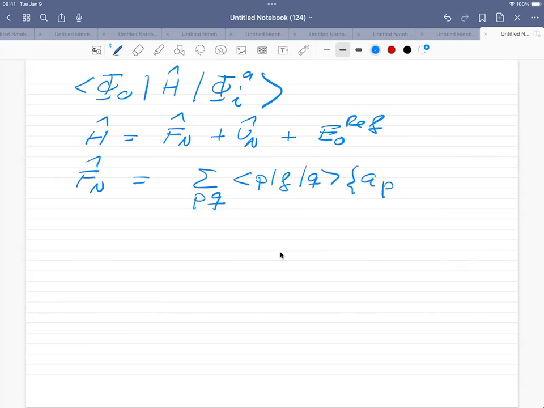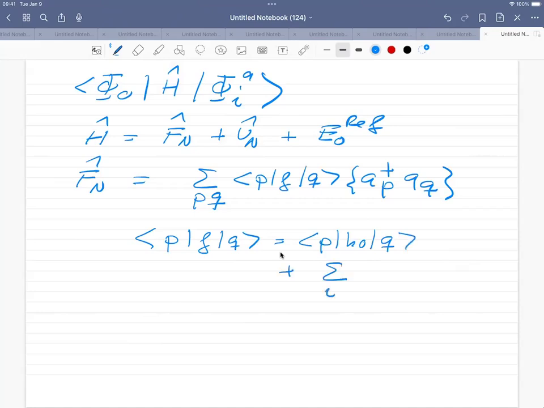And then we have these normal-ordered operators with respect to the new vacuum, where this integral is given by the non-interacting piece of the Hamiltonian, plus a correction due to states below the Fermi level, the sum over i of <p i|V|q i>.